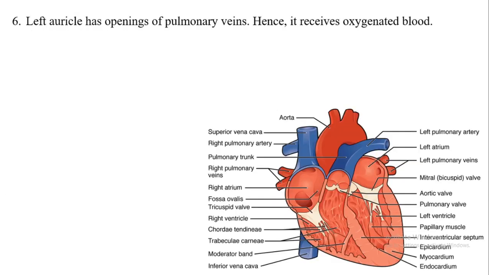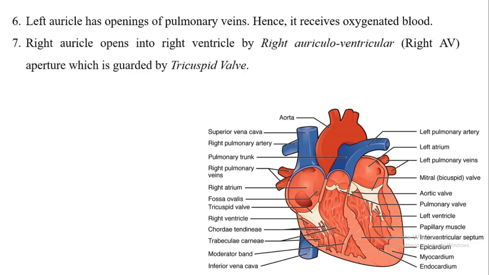The left auricle has opening of pulmonary vein. Hence, the left auricle receives oxygenated blood coming from the lungs after oxygenation. So hence it receives oxygenated blood. The right auricle opens into right ventricle by right auriculoventricular aperture, which is guarded by tricuspid valve.